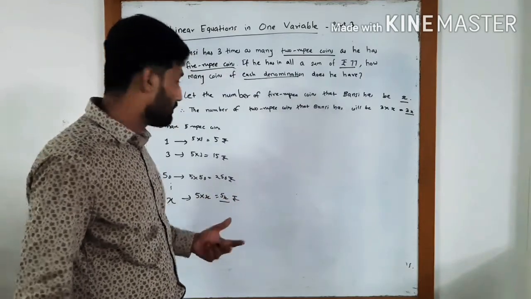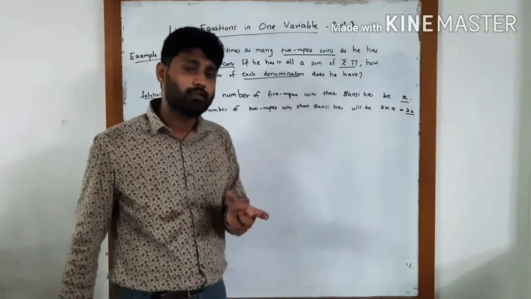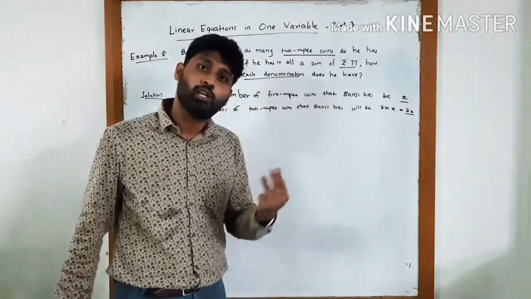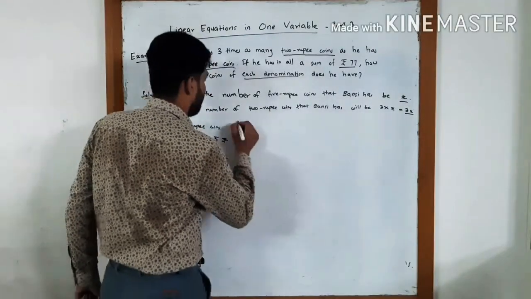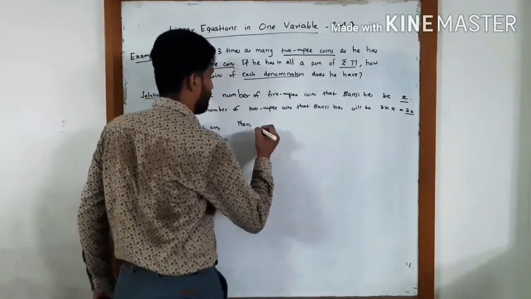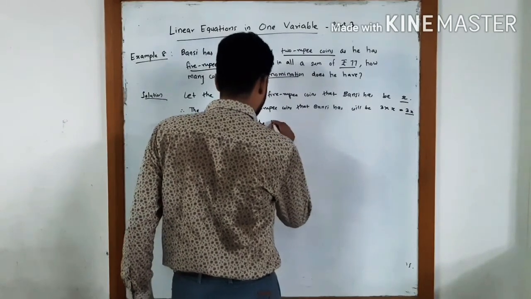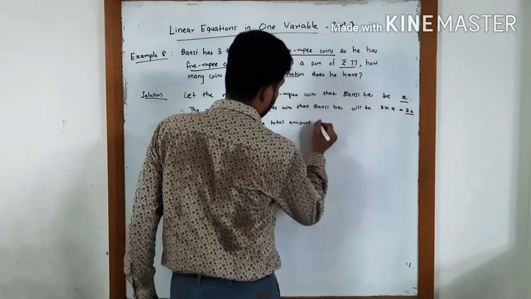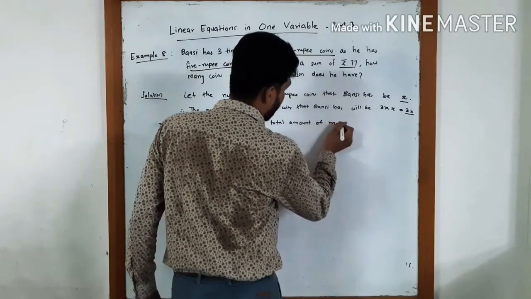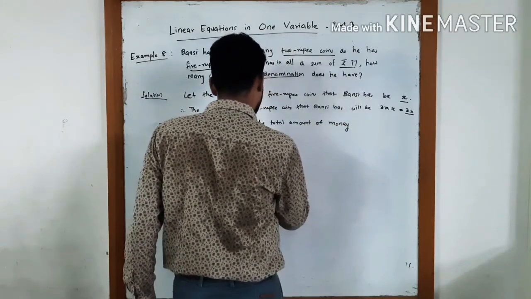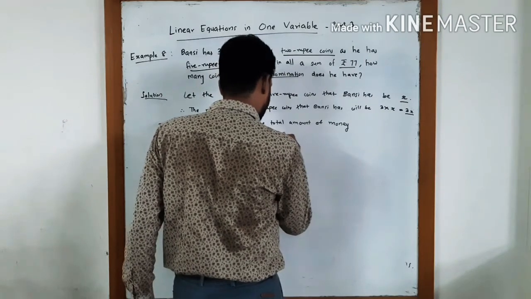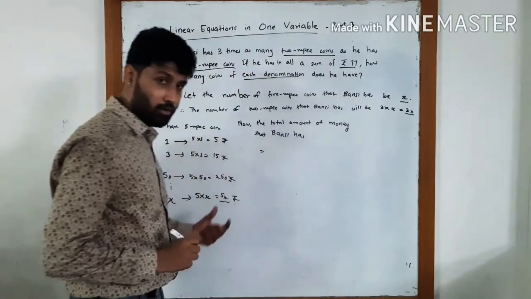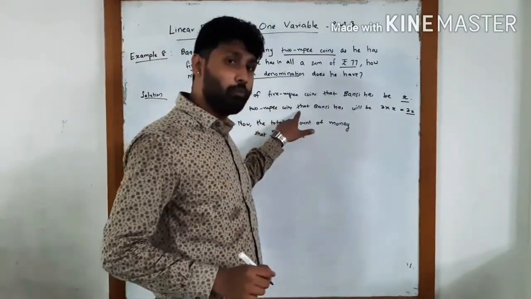Similarly for 2 rupee coins, if I have x number of 2 rupee coins, the amount of money I will have is 2 into x. Now the total amount of money that Bansi has is equal to, he has 5 rupee and 2 rupee both.